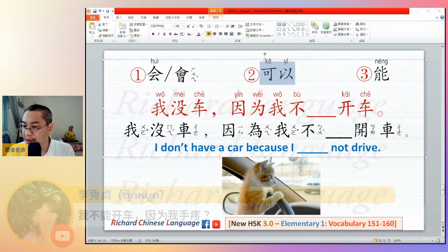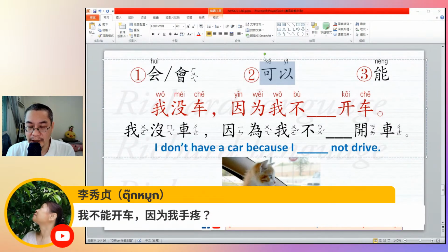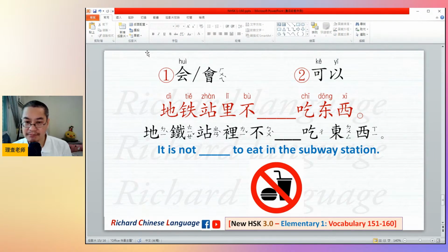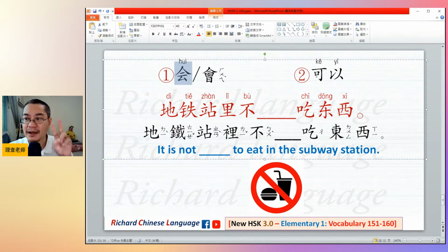Okay. 我不能开车，因为我手疼。Yeah, cool. Very good. Okay. 会、可以、能：地铁站里不吃东西。地铁站 subway station. 地铁 subway. 站 actually means to stand, but here it is a noun which means station.